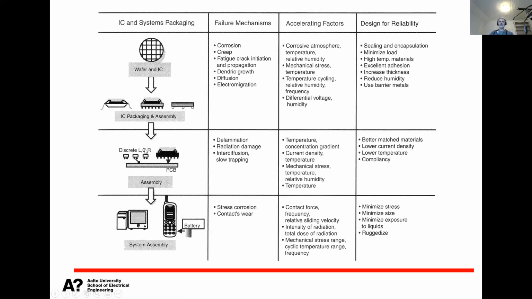And all these levels, as was already discussed in the first part of the course, have their own specific failure mechanisms and their own acceleration factors. So of course, for example, temperature affects the reliability at each and every level, but the mechanisms might be different, and the solutions to improve the reliability, decrease the failure rate, and mitigate some failure mechanisms might also be different at different levels.